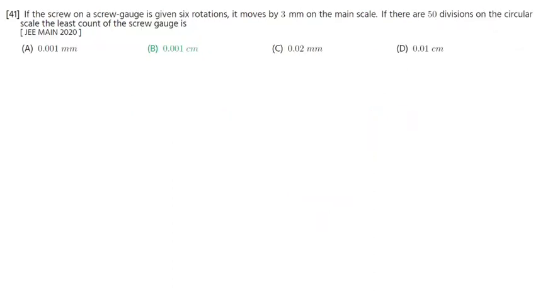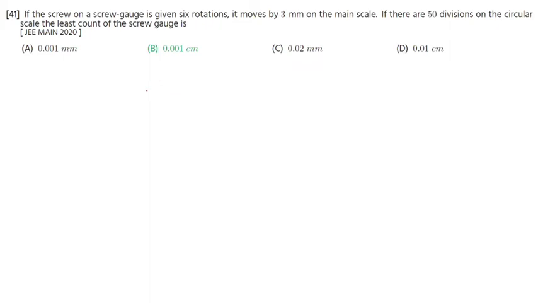Now see the next question. If the screw on a screw gauge is given 6 rotations, it moved 3 mm on the main scale. If there are 50 divisions, then the least count. So if the screw is given 6 rotations, actually it should move 6 mm, but here they are saying that it is moving only 3 mm.